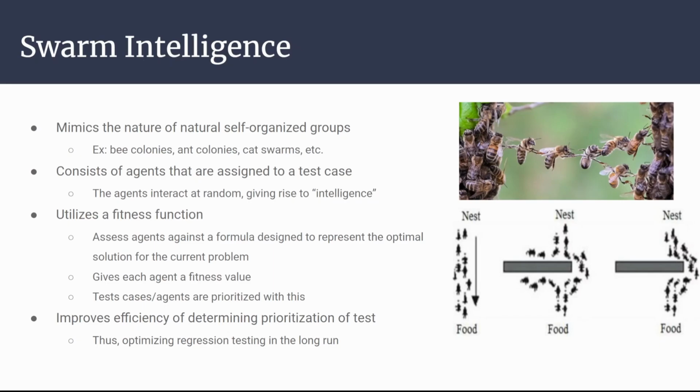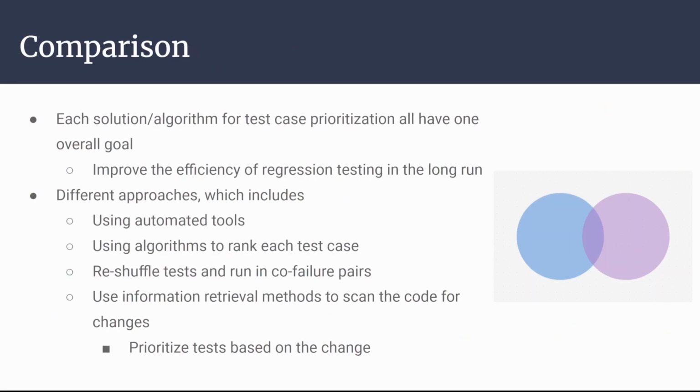And for the comparison part of our report, it focuses mainly on the approaches. So each solution and algorithm that we talk about for the test case prioritization all have one overall goal, which is to improve the efficiency of regression testing in the long run by improving the prioritization of each test case.